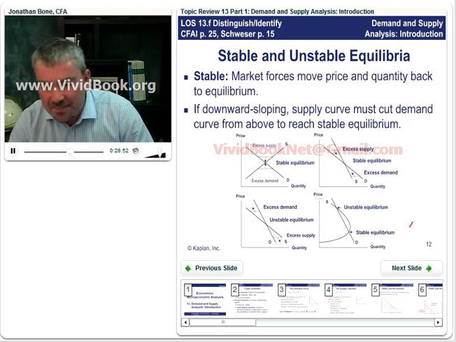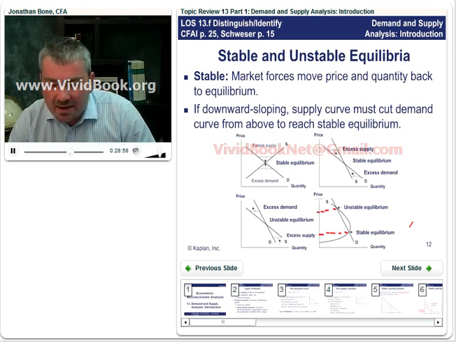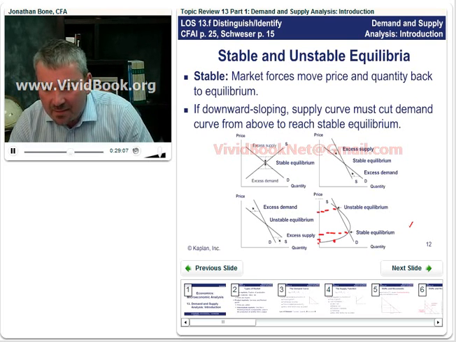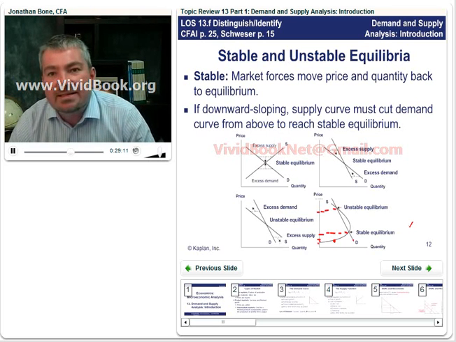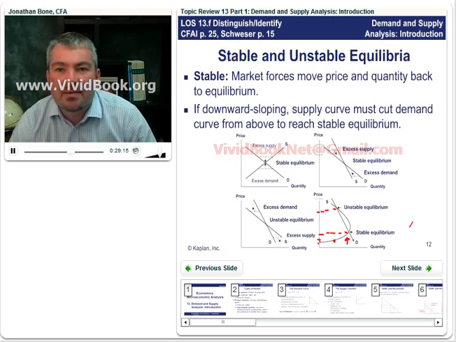So let's put this crossover point and this crossover point. First of all, let's start off with a price that is below the lower crossover point. Let's start down here. Notice here we'd have this amount being supplied, this amount being demanded. In other words, excess demand, and we know that will force price up. So we'll move towards that stable equilibrium.